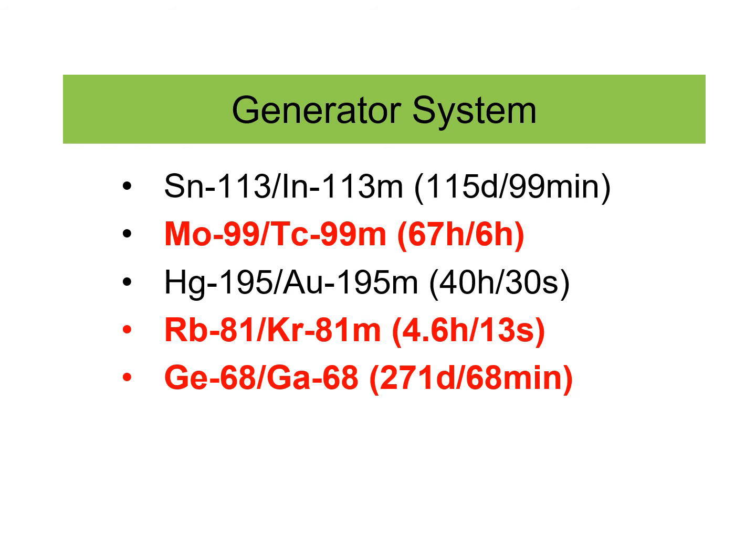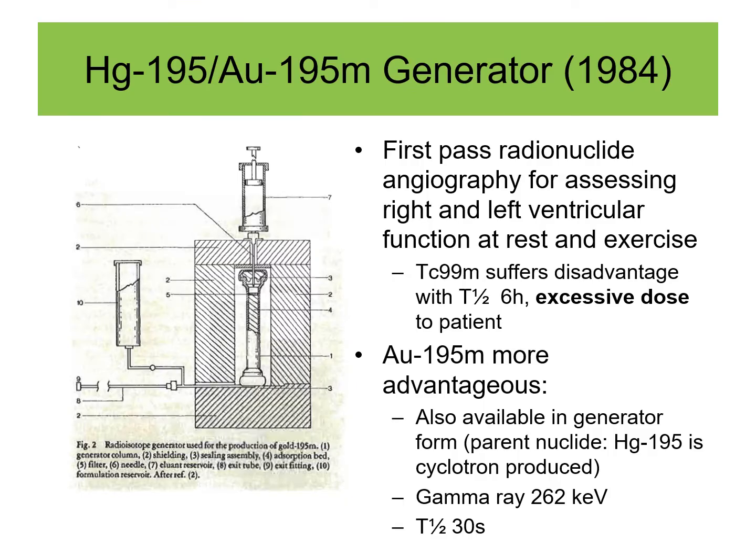This is a very interesting development. Germanium-68 yields the daughter gallium-68, which has a half-life of 68 minutes, and it is useful for positron emission tomography. So this is a depiction of the mercury-195, gold-195m generator, which was developed in 1984.